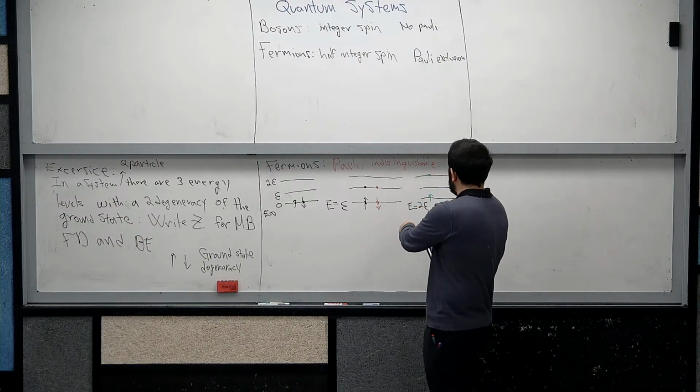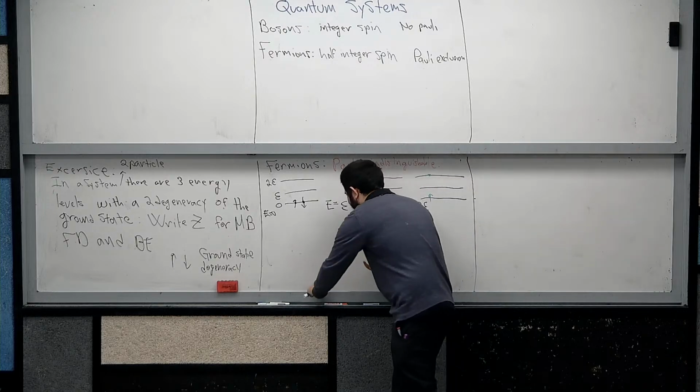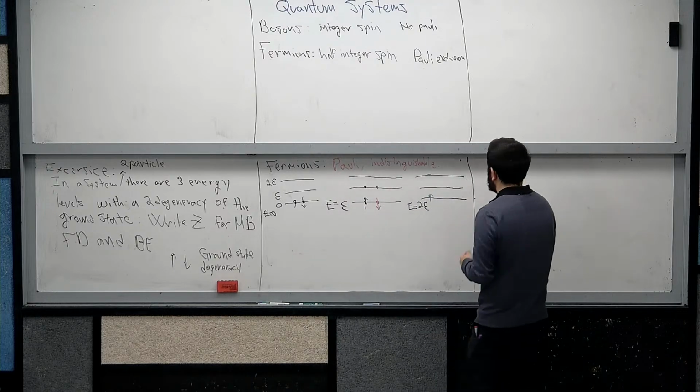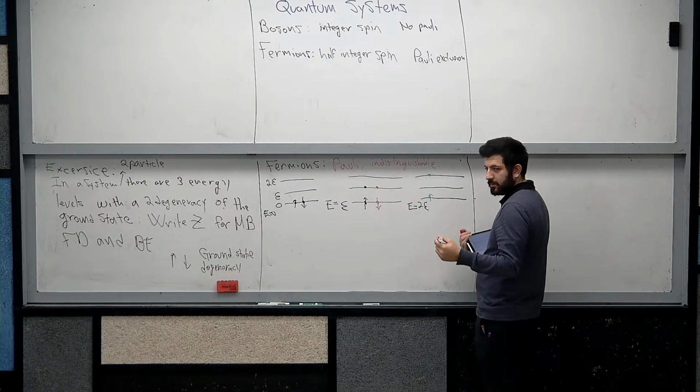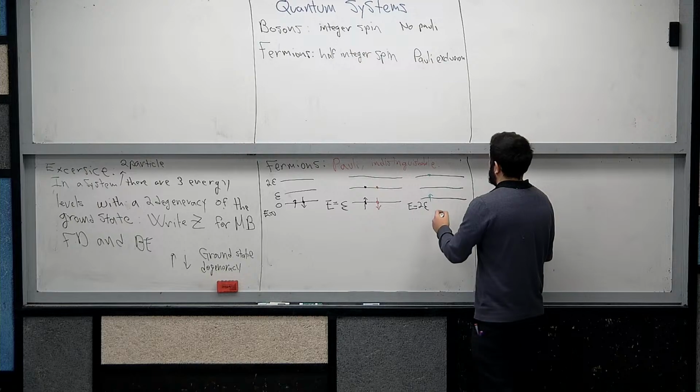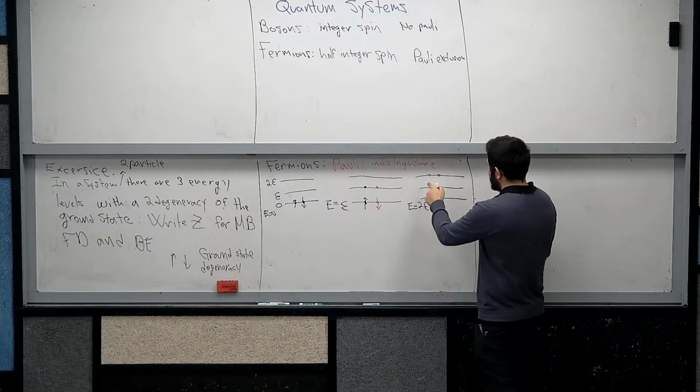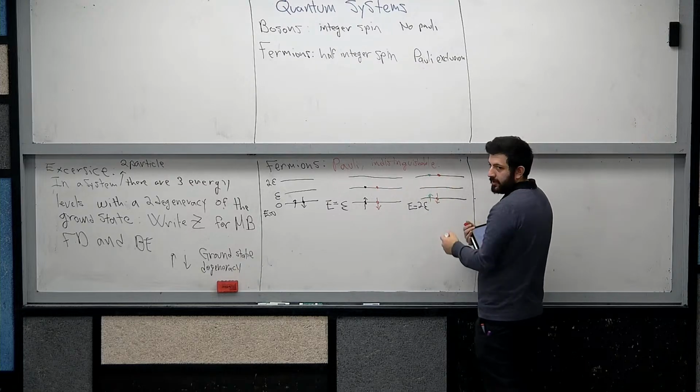It's not spin. Remember that this up and down is just ground state degeneracy. Okay, then which state can we have? Down. So it would be the particle sitting here, and the other one in the two energy, right?